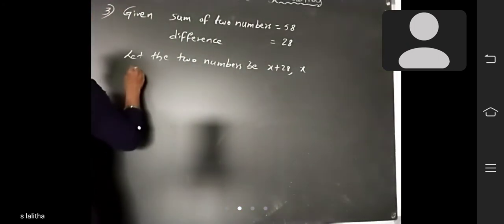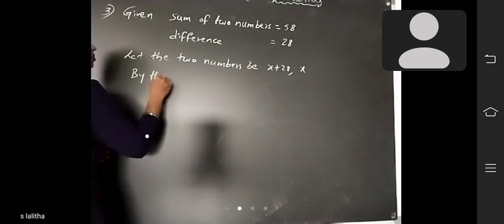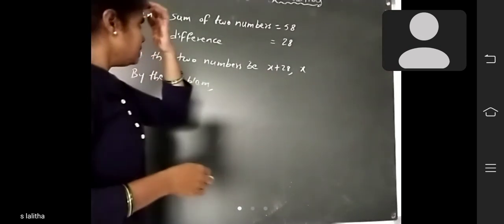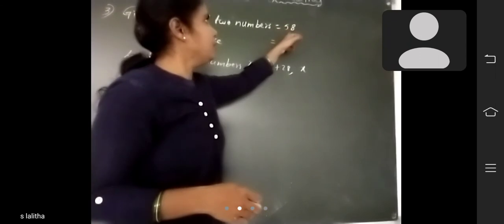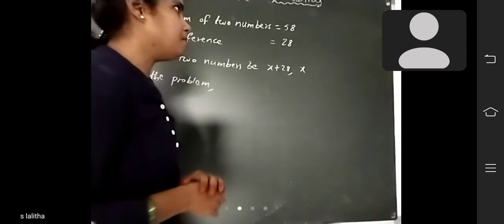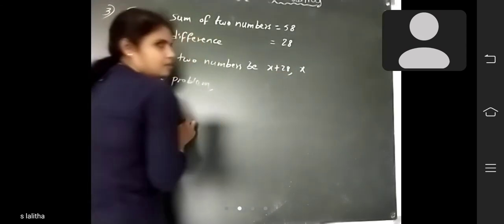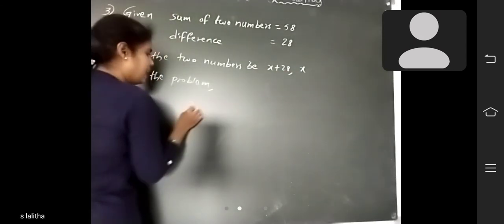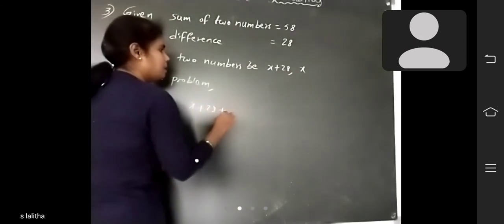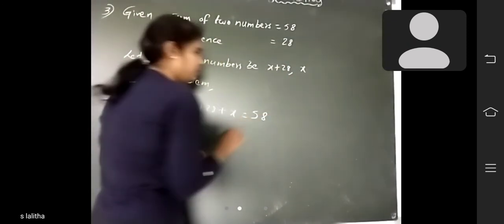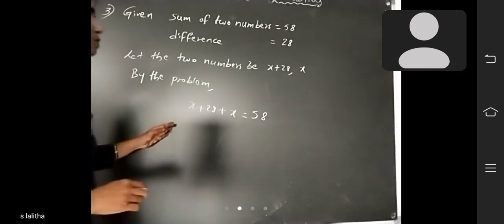By the problem, here what is given? Sum of two numbers is 58. Sum of two numbers means the bigger number and smaller number you can add. x plus 28 plus x is equal to what is the answer? 58. Did you understand this step, children?